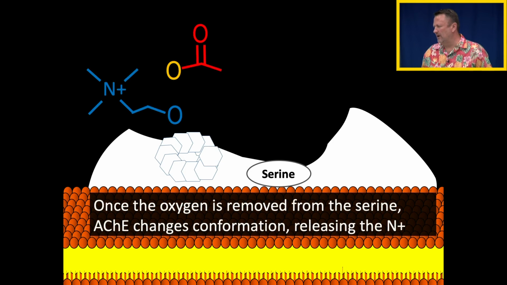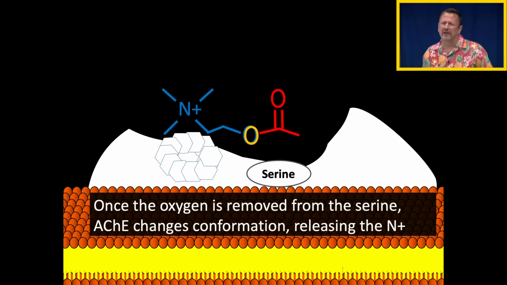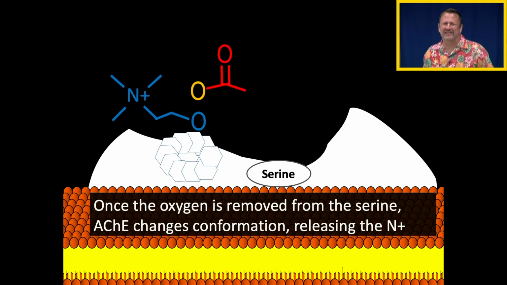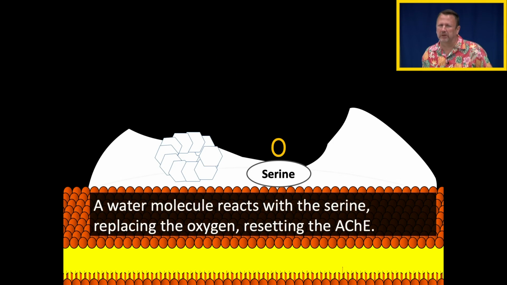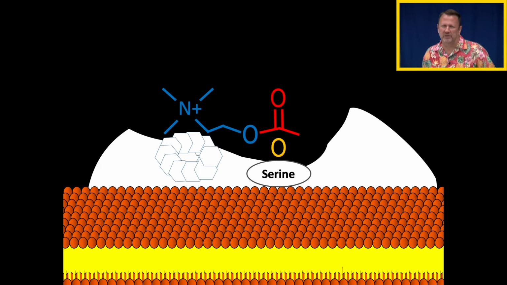And so here we can see that the serine was consumed in this reaction, but then resupplied. And so this reaction can occur over and over and over again with the same protein. The protein's charged.